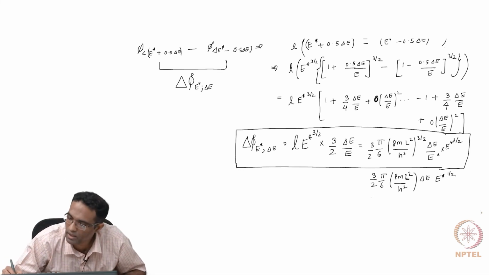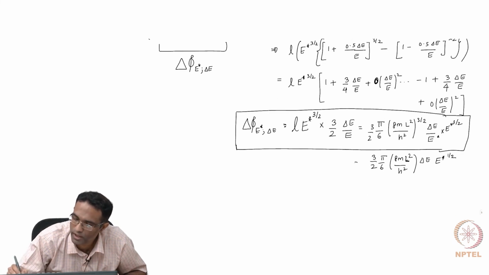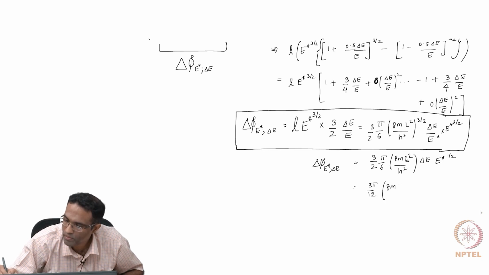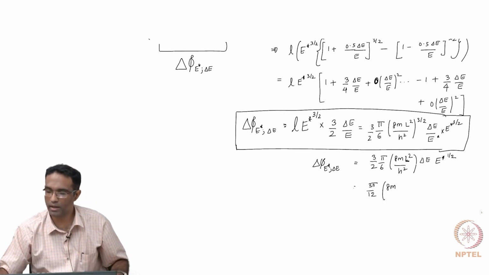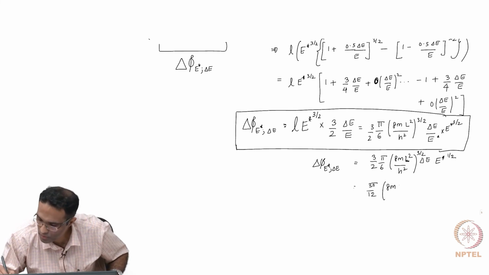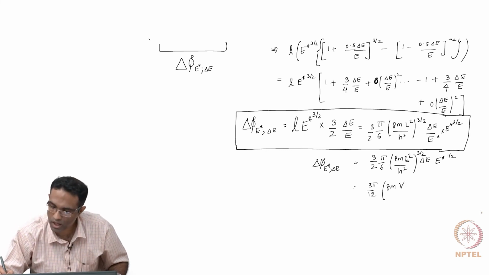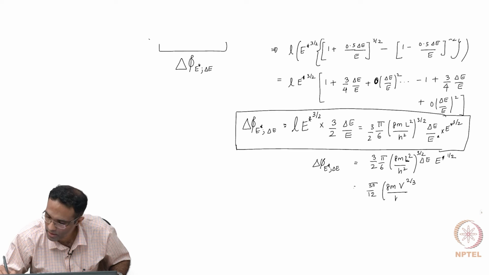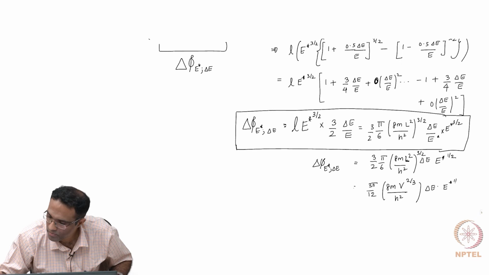So this can be again written as, if you want to write it in terms of volume... again, did I miss something on this? 3 by 2, and this will be volume power 1 by 3, so 2 by 3 divided by h square. So.